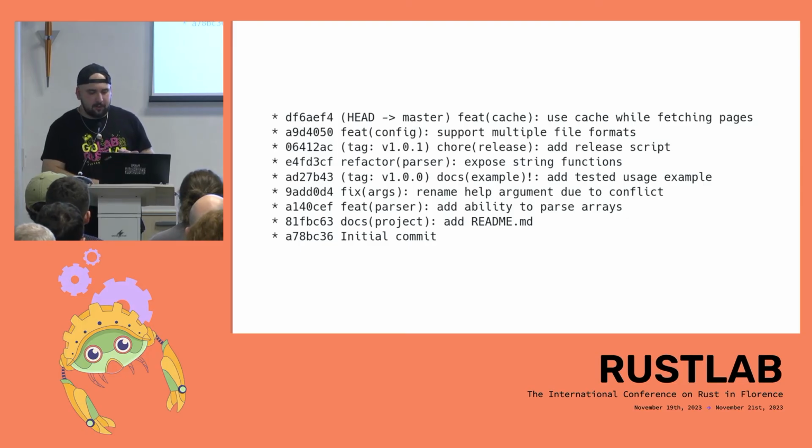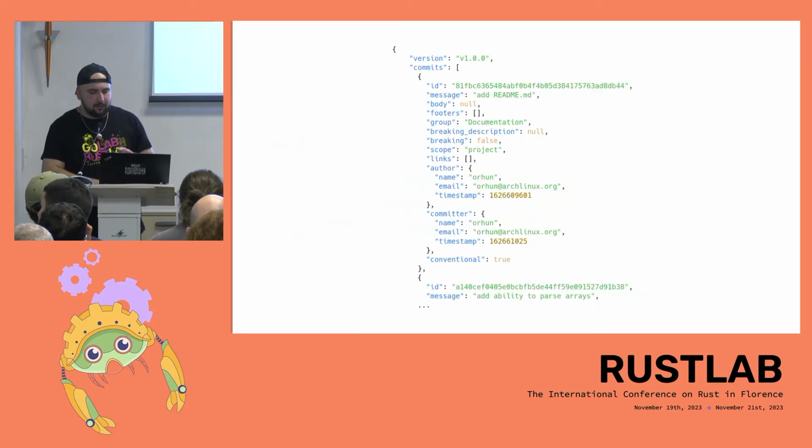So we have this Git history. We basically turn it into this. So this is the release context. If you look at it, it contains all the information that is needed to generate a changelog.